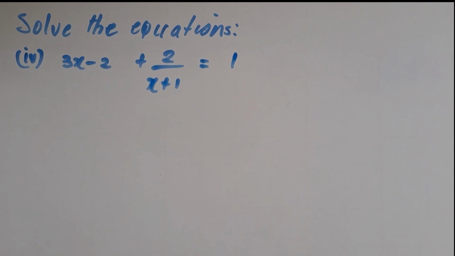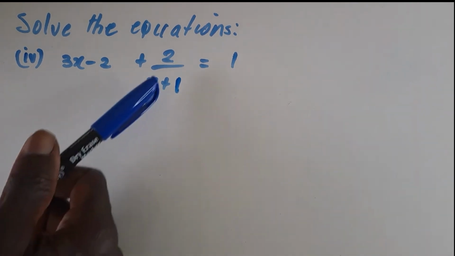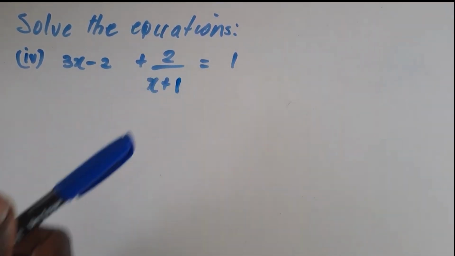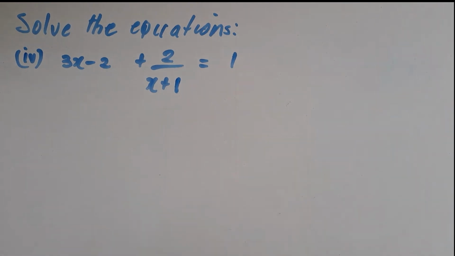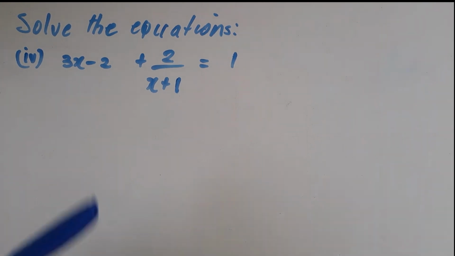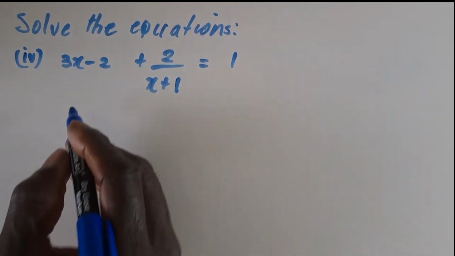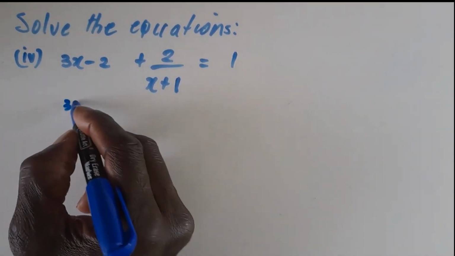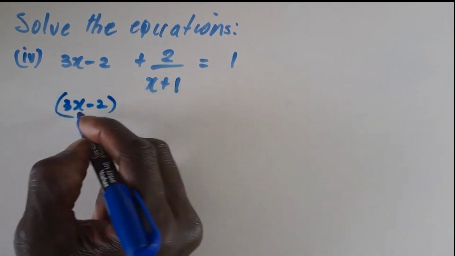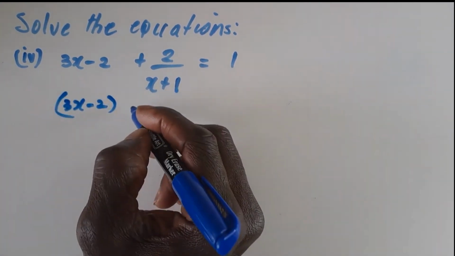Right, here's our final equation. Now on the left we have an expression, and then we have a fractional algebraic expression, and then we have a whole number on the right. We need to form one fraction on the left to make this a lot easier to manipulate. So we'll combine these two, this fraction and this expression, as one by doing this. 3x minus 2, we'll have a common denominator of x add 1.